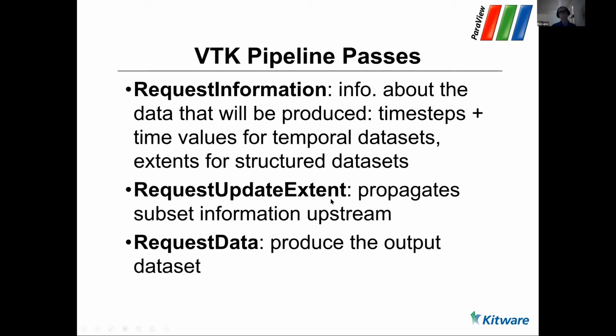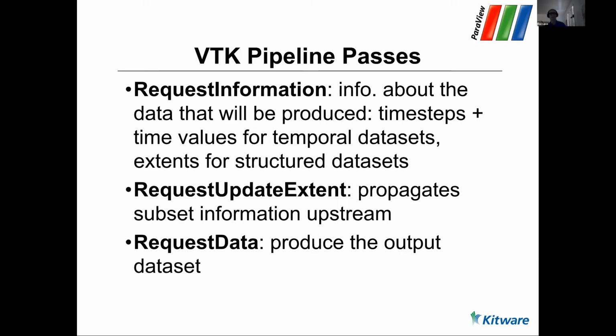A request update extent is a pipeline pass that propagates subset information upstream. So basically think about the streaming where you want to read only a piece of the data.